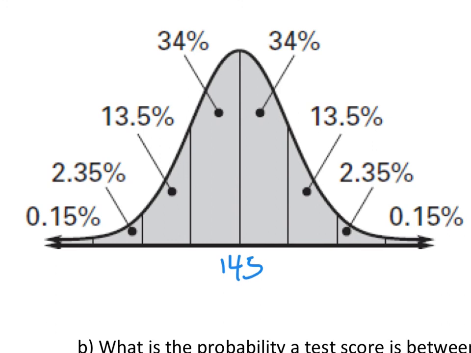So 145 plus 12, we get 157, 169, and 181. And then minus 12, we get 133, 121, and 109.